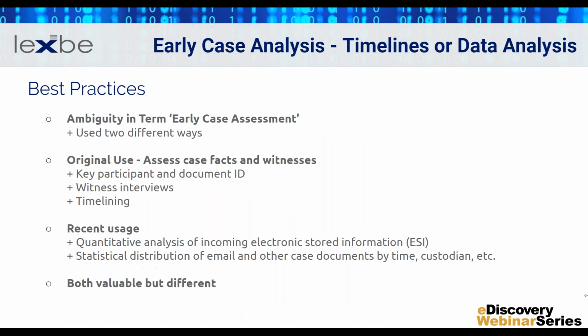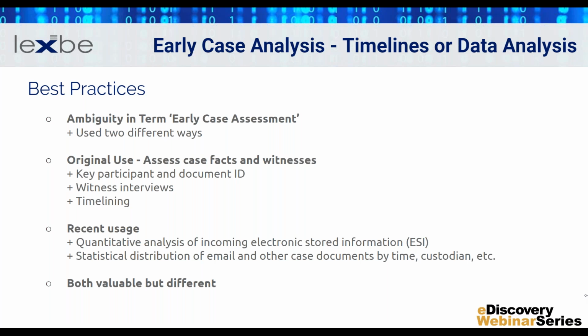I want to get into the relationship and the differences between timelining and early case analysis, or I should say the difference between how we used to do early case analysis and how we can make it more robust now with timelining features in e-discovery programs like LexB.